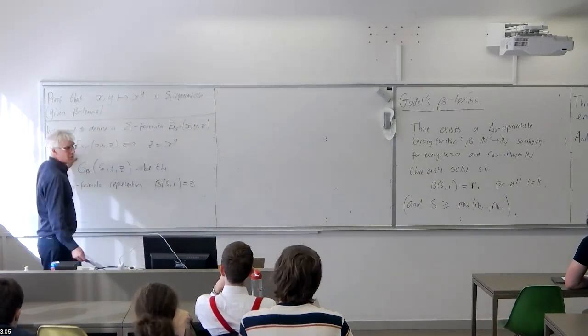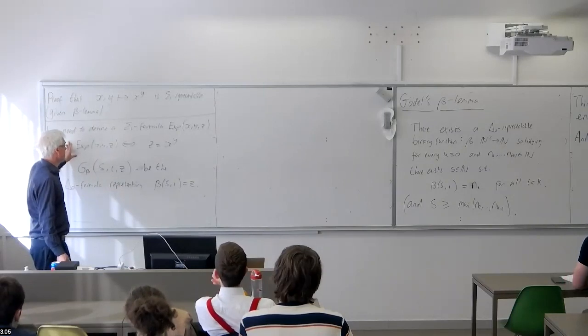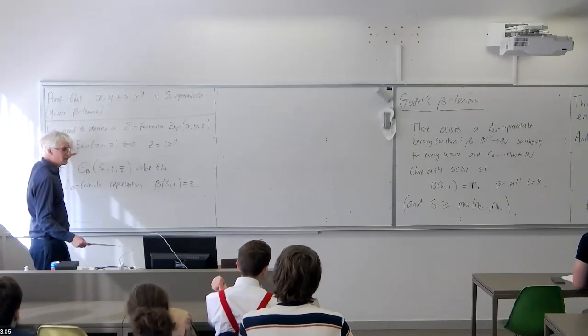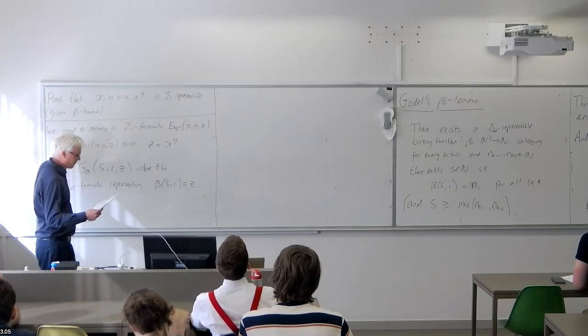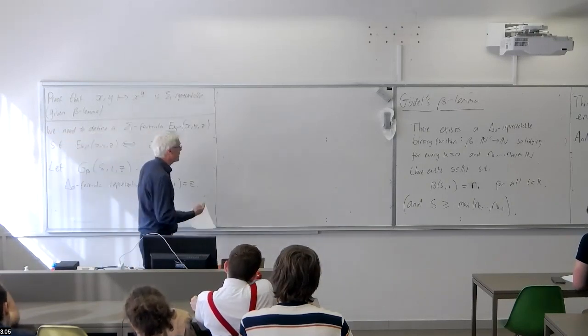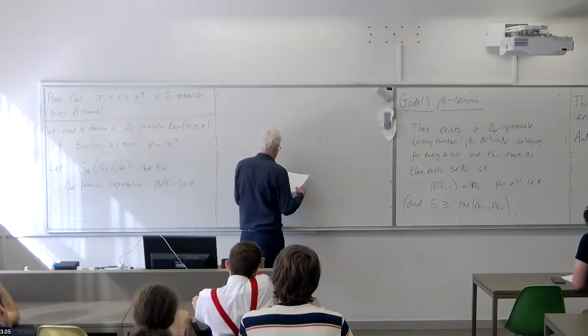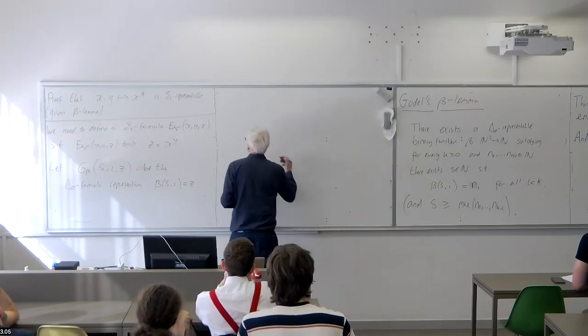So I'm just simply going to write this formula down. It needs to be a sigma 1 formula, so it needs to begin with an unbounded existential quantifier, so we're not going to be able to use a bound on the existential quantifier.